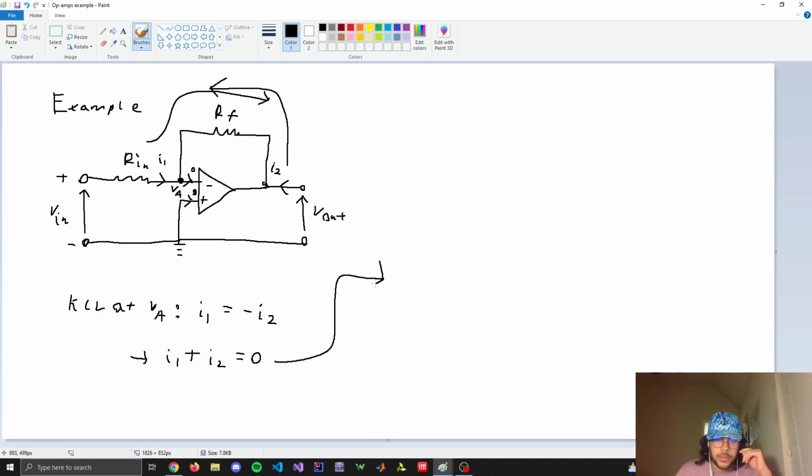Now, using nodal analysis, I need to rewrite these currents in terms of voltage. So I1 is going to be Vin minus VA divided by Rin, and I2 is going to be Vout minus VA divided by R feedback.